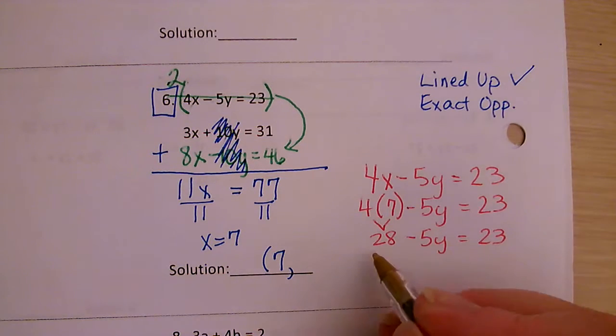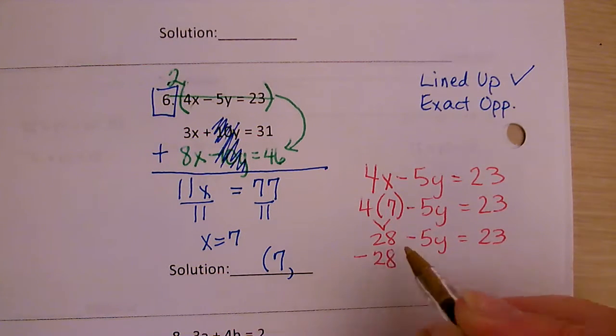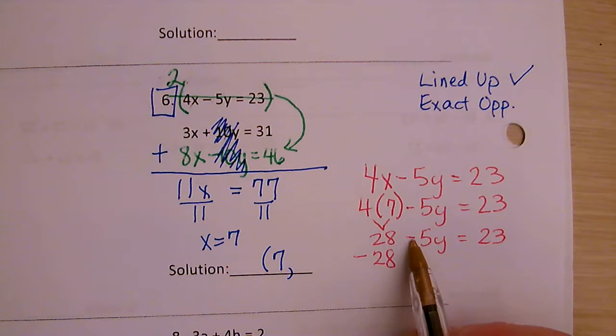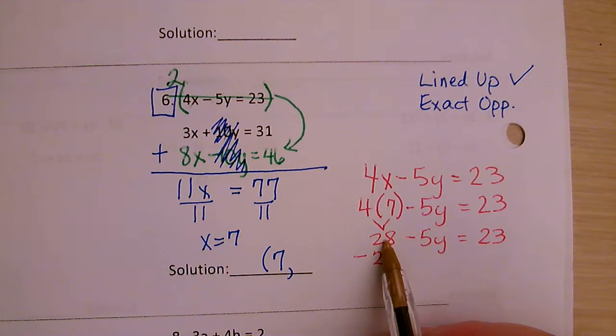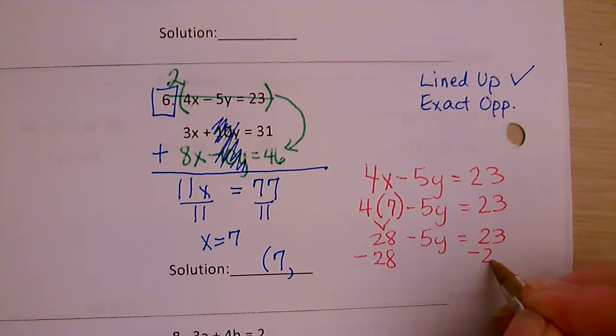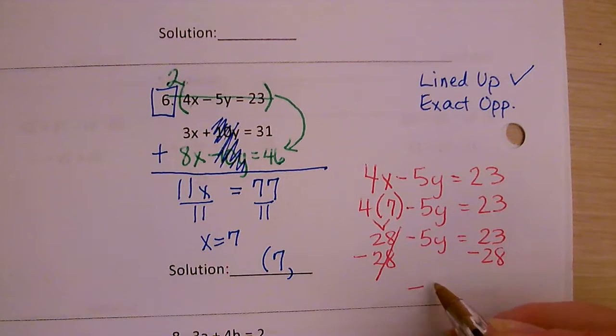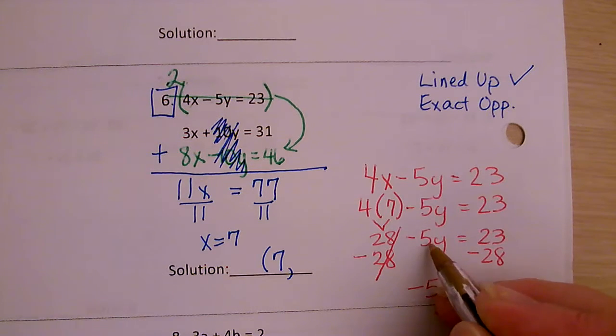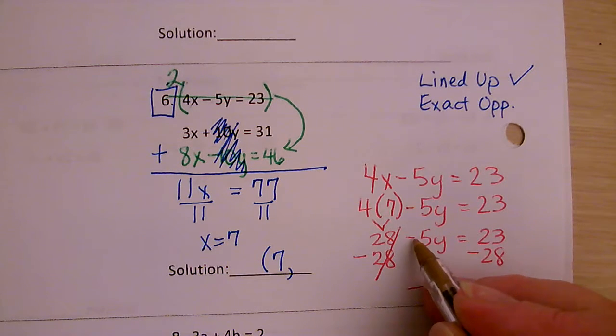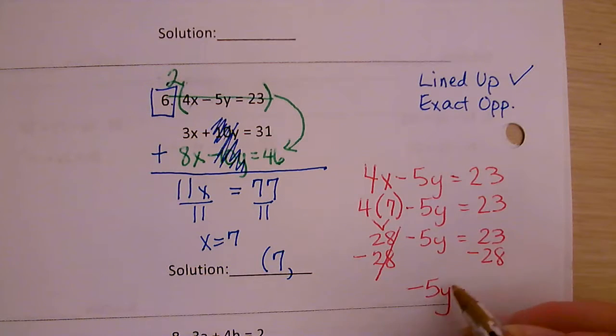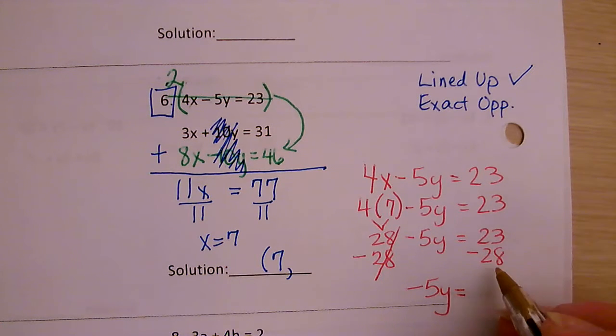Let me go over here and get rid of the 28 first. Now remember, you look in front. This negative belongs to 5. So that's a positive 28 if I look in front. So I need to do the opposite, which is negative. And I'll do it over here on this side. These 28s cancel out. And this, don't forget the negative that goes with the 5. That comes down with it, negative 5y. And then I've got a positive 23 and a negative 28.